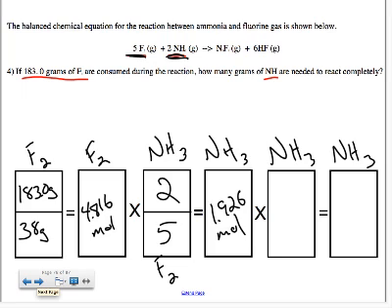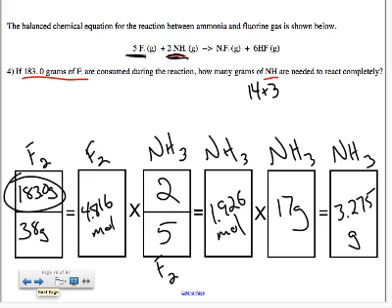And the molar mass of ammonia, it's nitrogen, which is 14, plus 3 hydrogens, which is 3, so 17 grams. Gives you 3.275 grams of ammonia, rounding to 4 significant figures because our starting number over here had 4 significant figures.